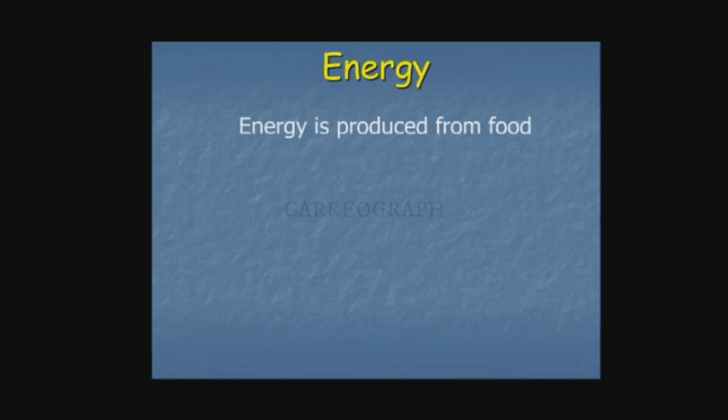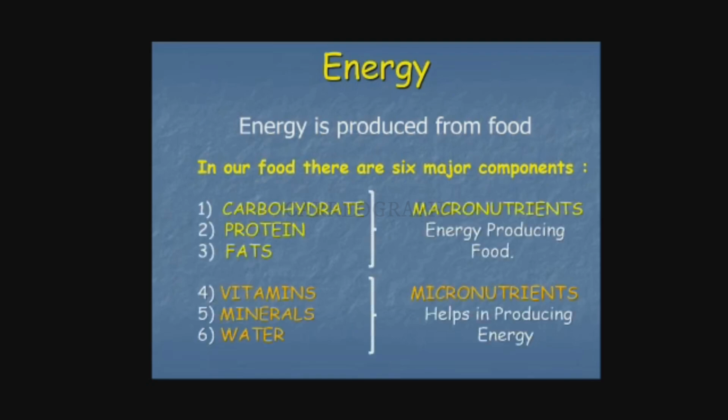See friends, food is the substance which we eat or drink for our nourishment. And in our food, there are basically 6 major components. These components are carbohydrate, protein and fat, and they are macronutrients because they are bigger and complex molecules.